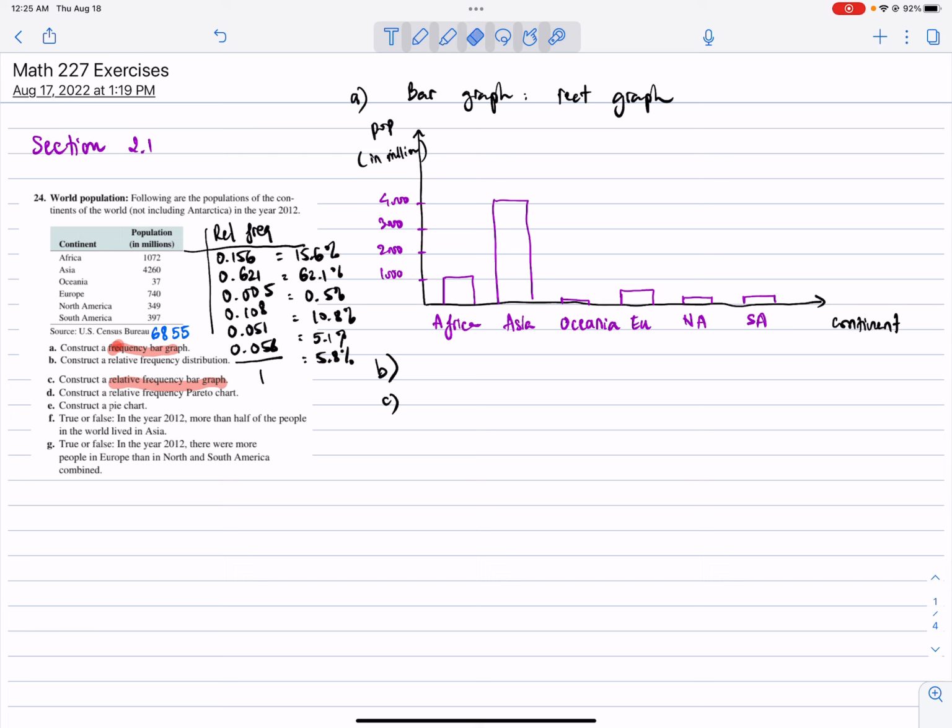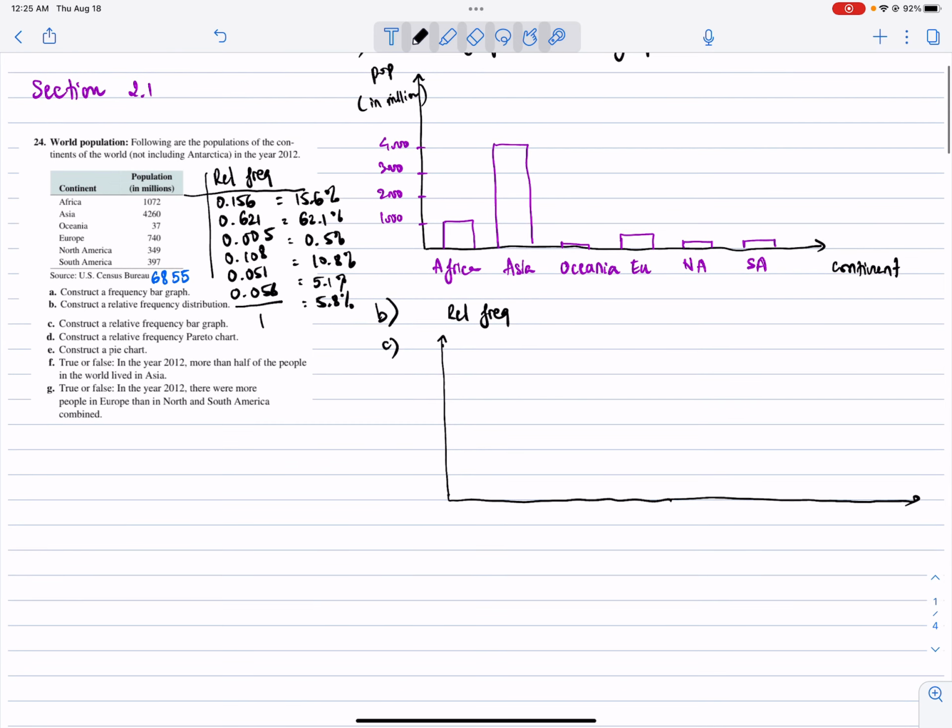Now, instead of that, we will use the relative frequency number. So for part C, the answer will be very similar to part A.